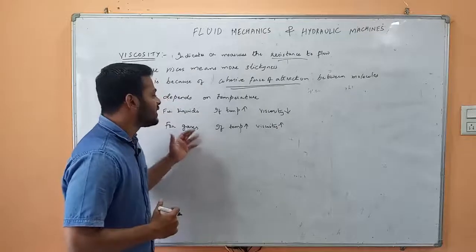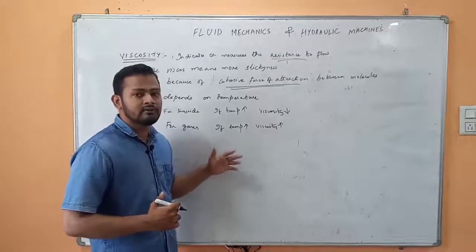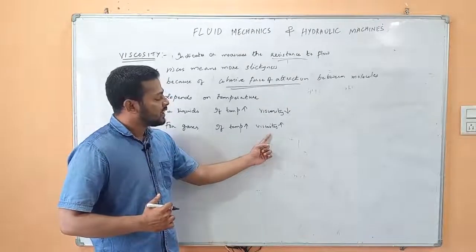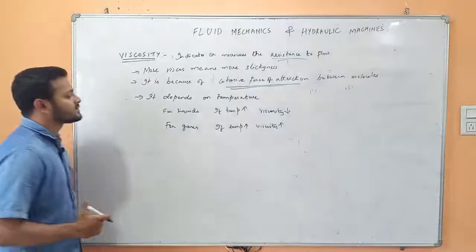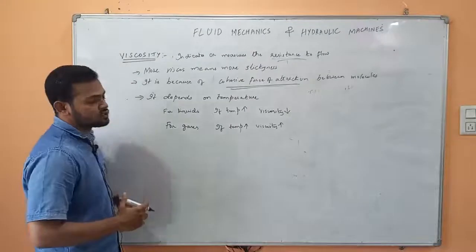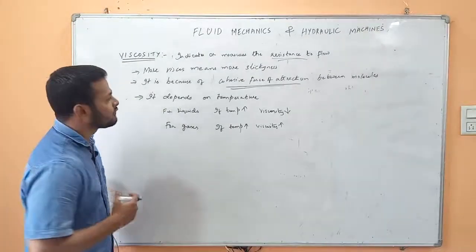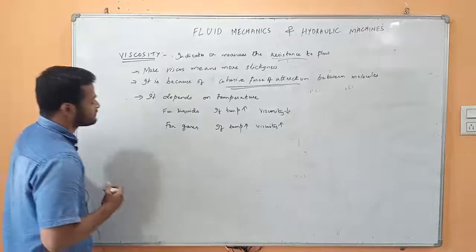So there will be exchange of momentum, because of which the cohesive force of attraction between the molecules of gases will increase. Therefore you will have more stickiness, and high viscosity in gases. So this property in short is called stickiness. More viscous means more stickiness, so more force has to be applied to bring the liquid in motion.